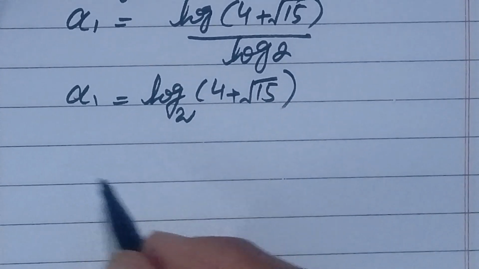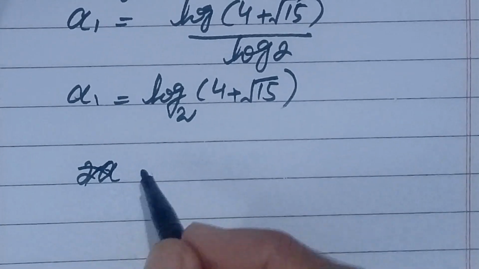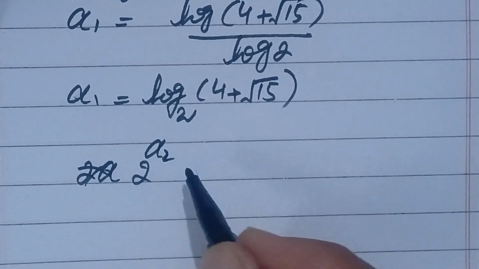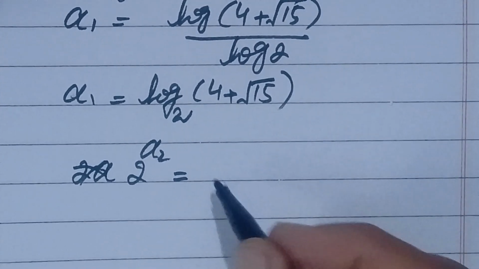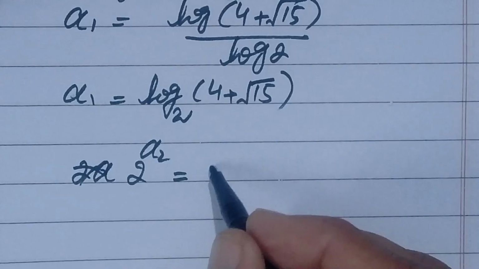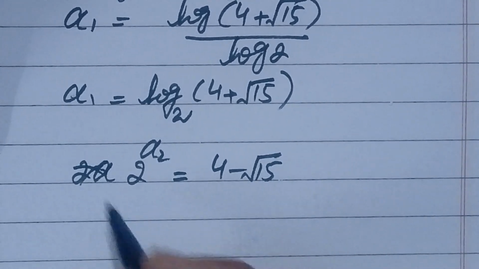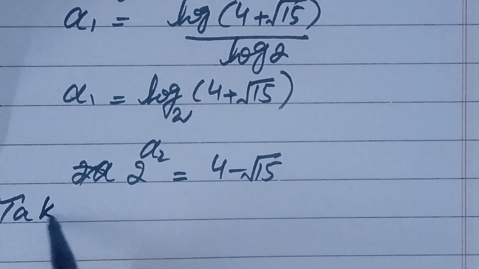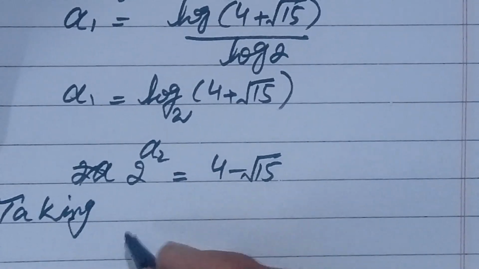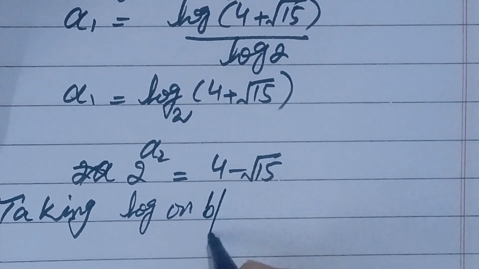Now 2 raised to the power a2 is equal to 4 minus under root 15. Taking log on both sides.